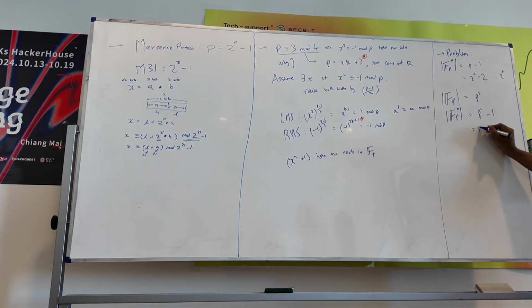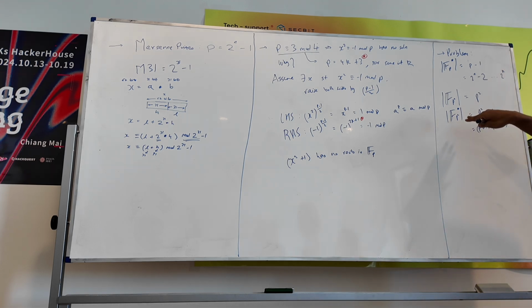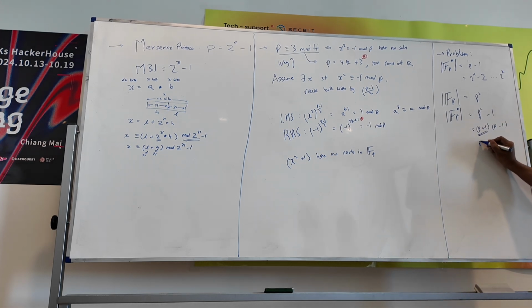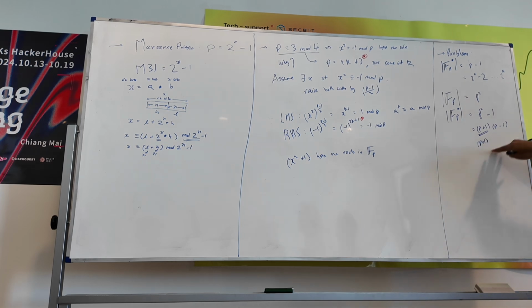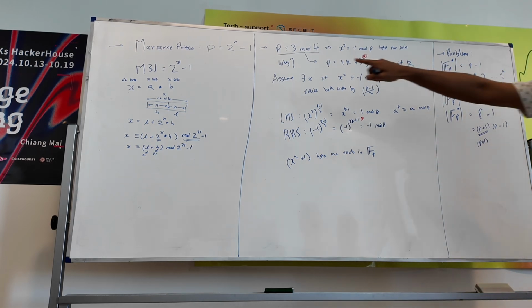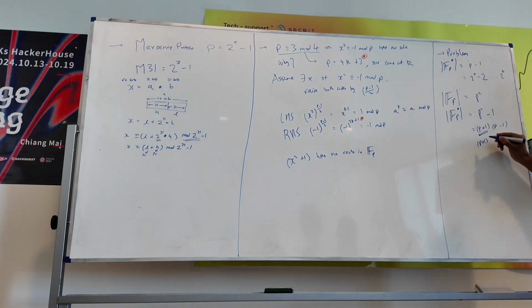Here we could write this as p plus 1 times p minus 1. The multiplicative group FP square star has a subgroup of order p plus 1, and if p is a Mersenne prime, then the size of this subgroup is the same as 2 raised to n.